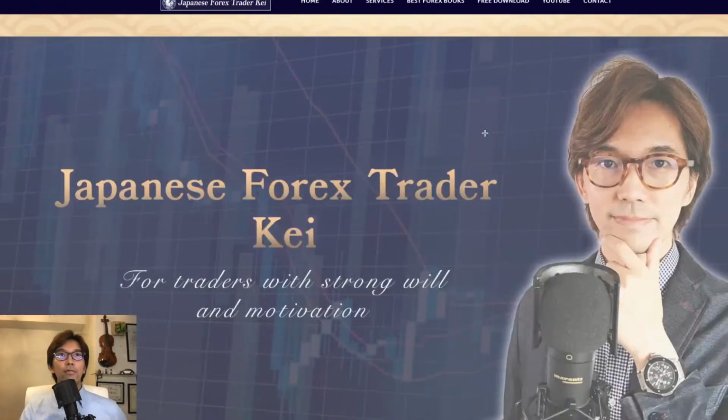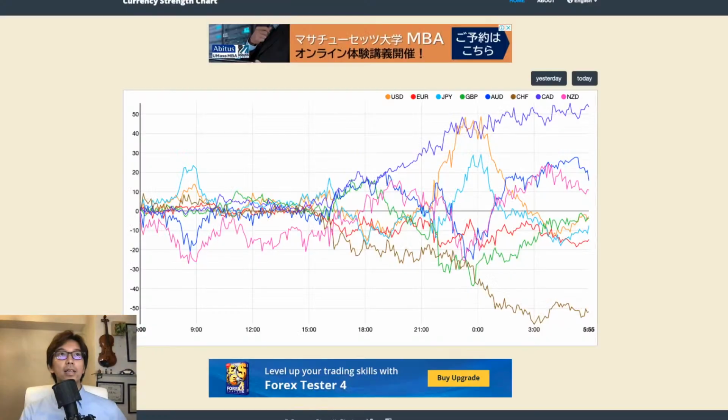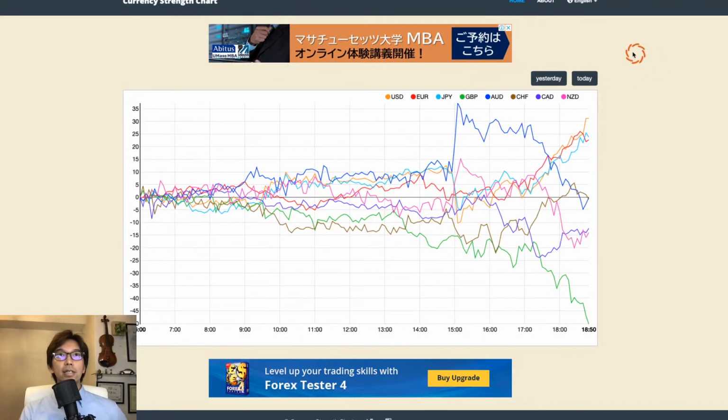So yeah, right now, if you look at this currency strength chart, the green one is the GBP and it's going down. So right now the most volatile currency pair is GBP USD. Looks like USD is very strong, GBP is very weak.